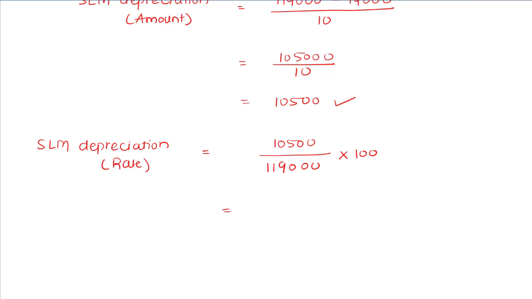Just try to solve it on your calculators quickly. 10,500 divided by 1,19,000 multiplied by 100. So this is 8.82% per annum. Understood?